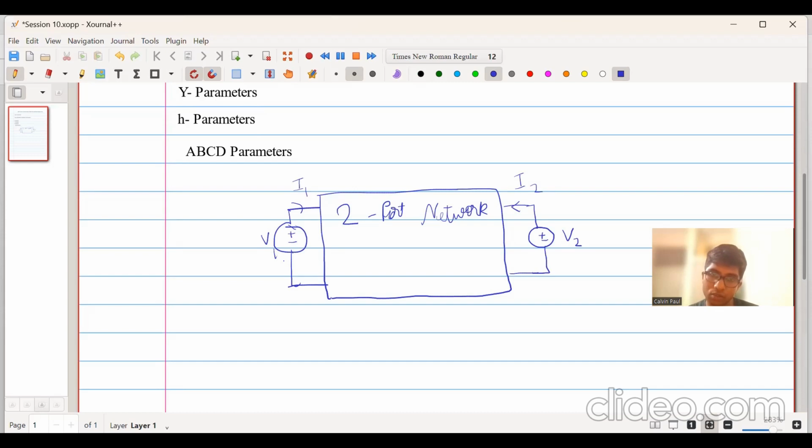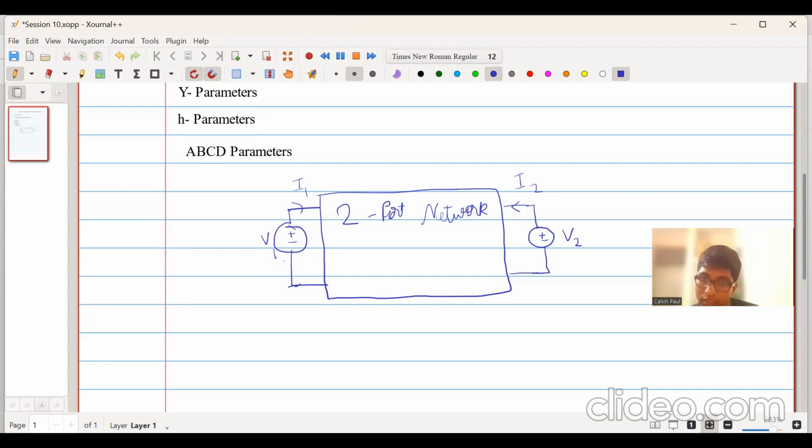We apply voltage sources plus minus V1 here and plus minus V2 here. You must note the current polarity. Current I1 is positive when it is flowing into the network.